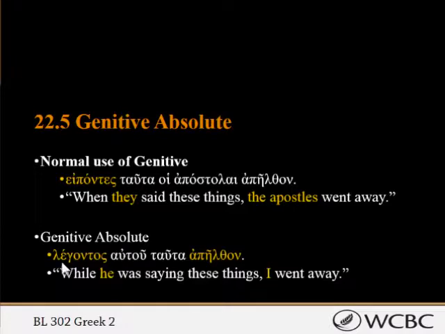And notice how, again, we have the participle, legontas, autou, so he, and this is going to be genitive singular, so he, while he was saying these things. And now we have apelthon, and we are parsing this as aorist active indicative, first person singular, so we'd say, I went away. So notice the he and the I don't really match together, unlike the they and the apostles.